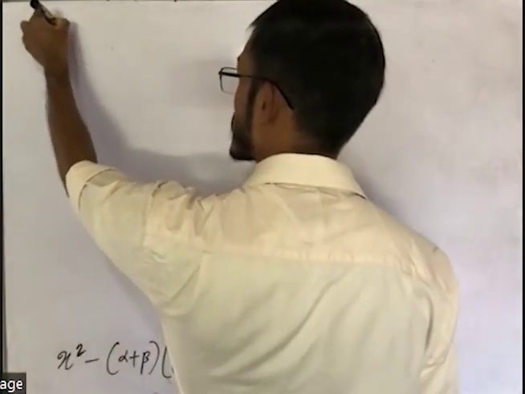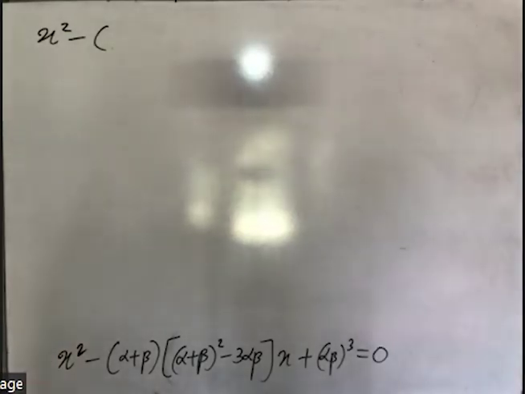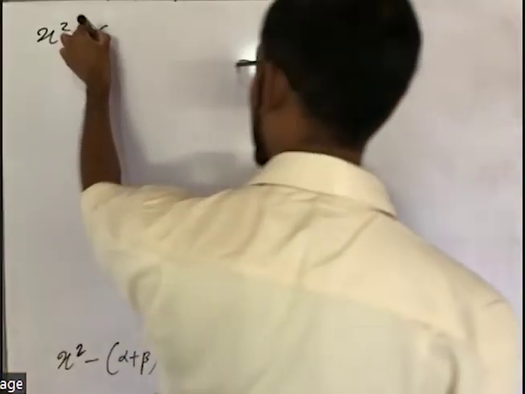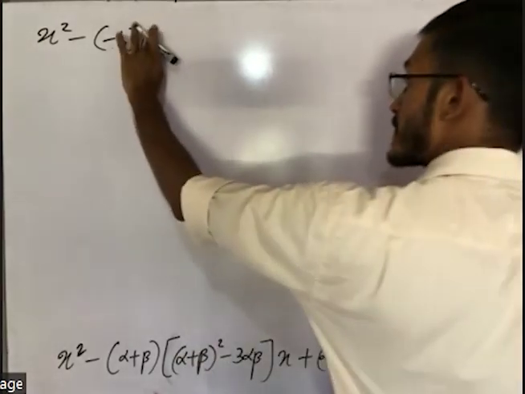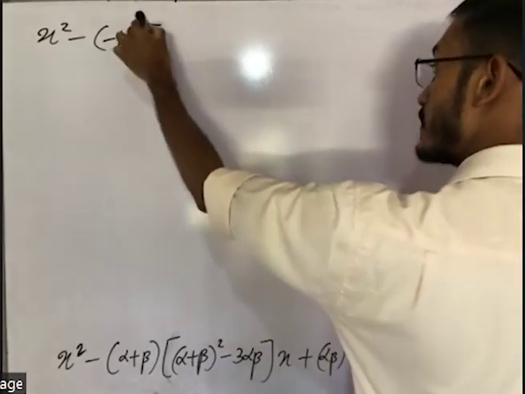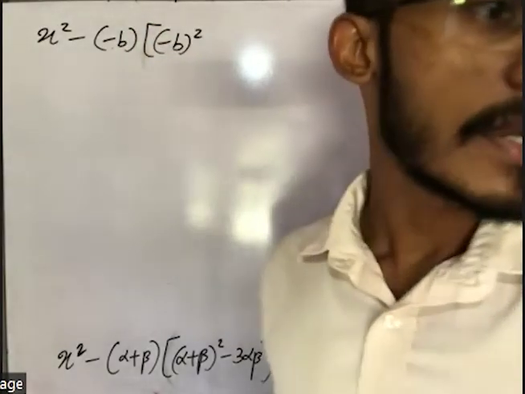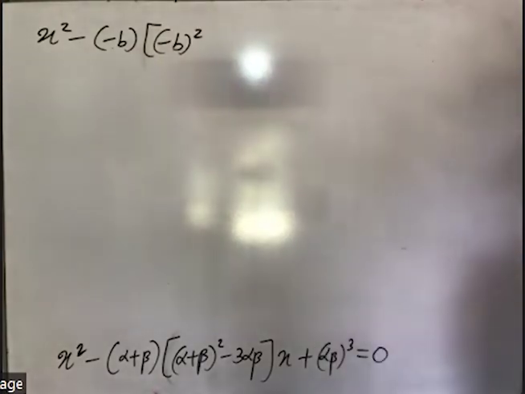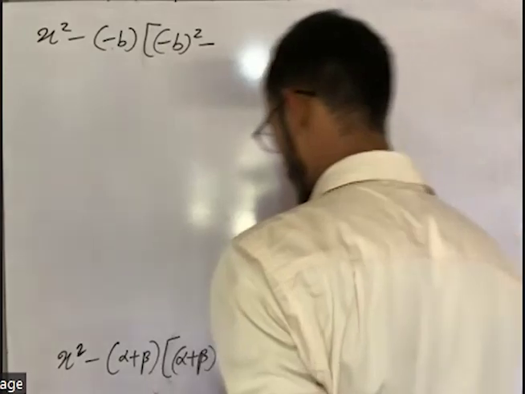Therefore, we can write down x square minus, instead of alpha plus beta, I can write down minus b, into, here we have alpha plus beta square. Instead of alpha plus beta square, we can write down minus b square. Right? Minus 3 alpha beta.